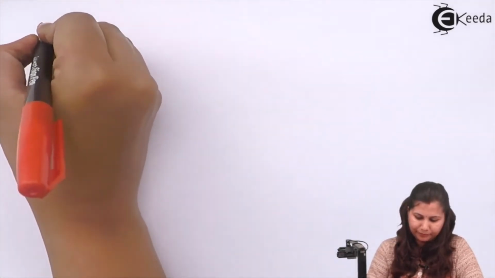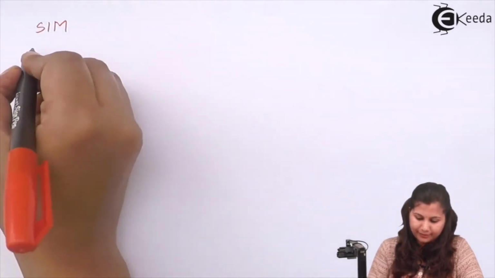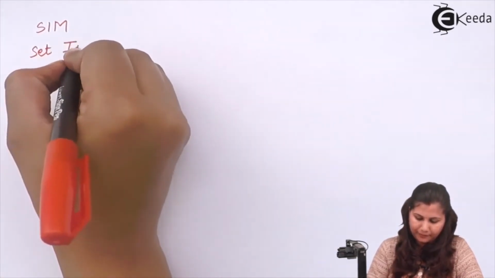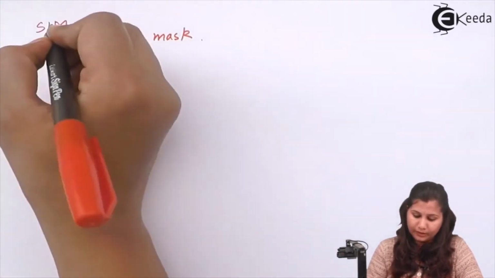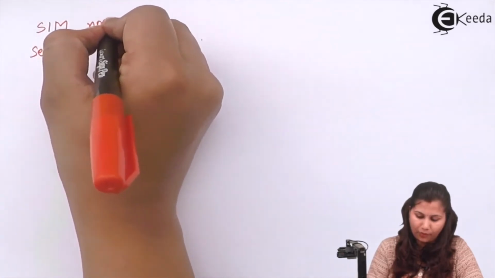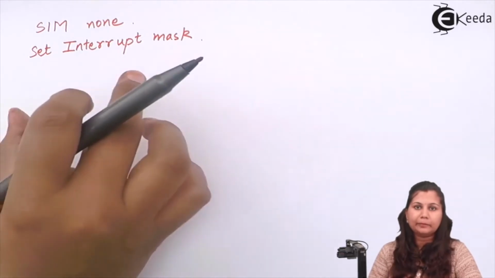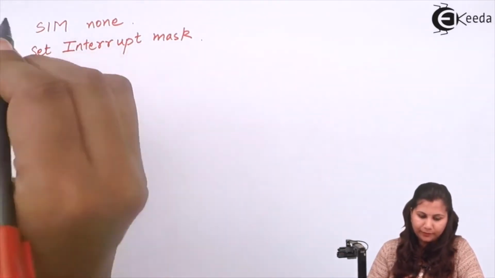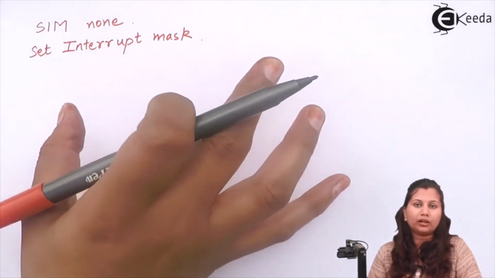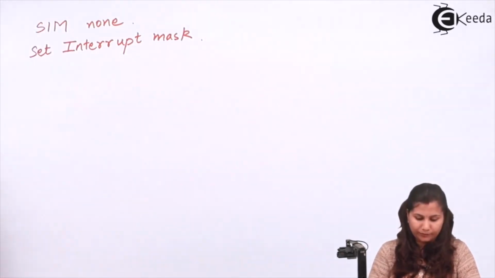The next instruction is SIM. It means set interrupt mask. This instruction also has no operand. And it also specifies the 8 bits of the accumulator. If this instruction SIM is written, then the 8 bits of the accumulator will be interpreted according to this SIM instruction.